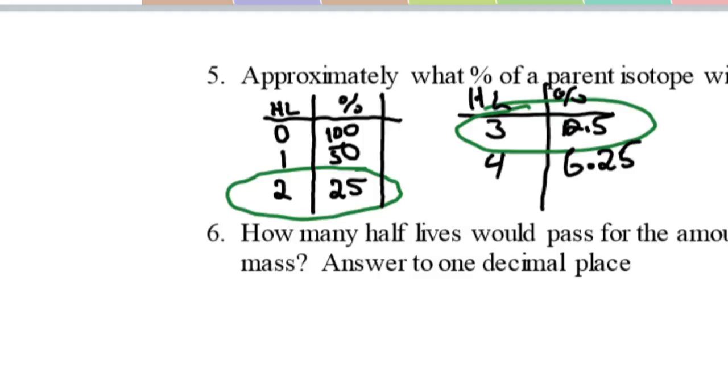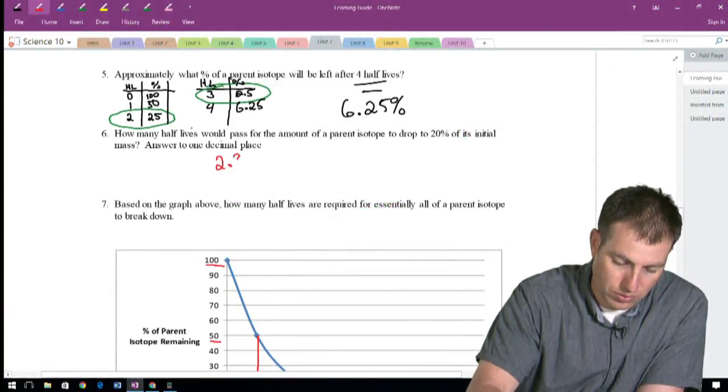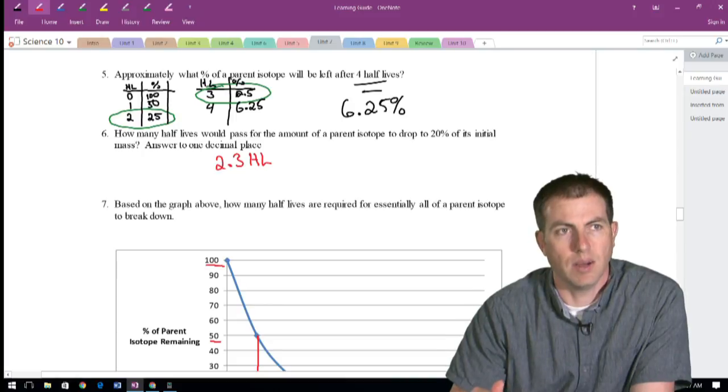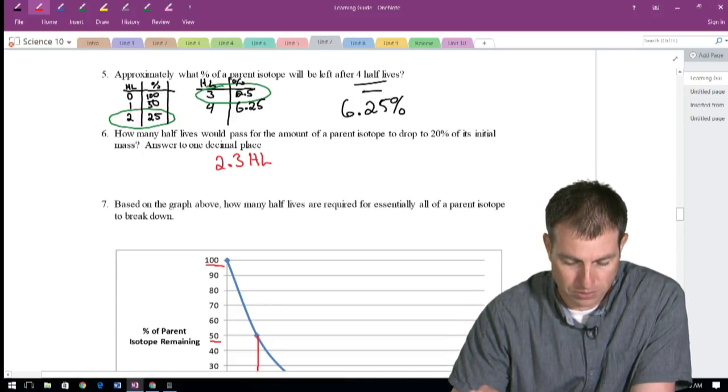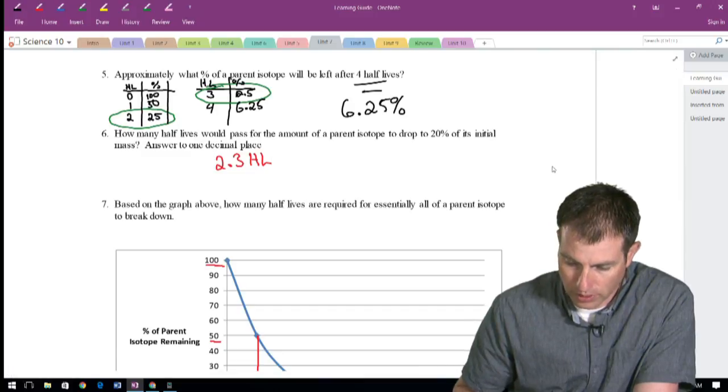So somewhere between 2 and 3 half-lives, and it's probably a little bit closer to 2, so you can just estimate it, maybe like 2.3 half-lives or something like that would be fine based on the previous question. So that's good. Get us started.